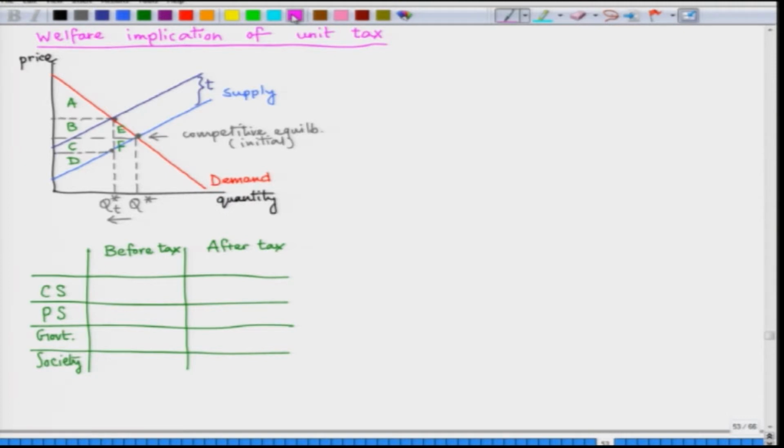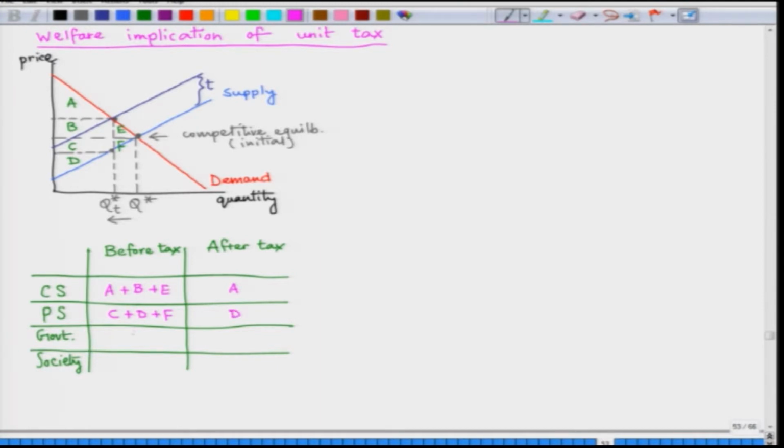So, here we can see that before the tax imposition the consumer surplus was A plus B plus E, right, and after the tax imposition it is only A. Now, the producer surplus before tax imposition was C plus D plus F, but after the tax imposition it is only D, right.